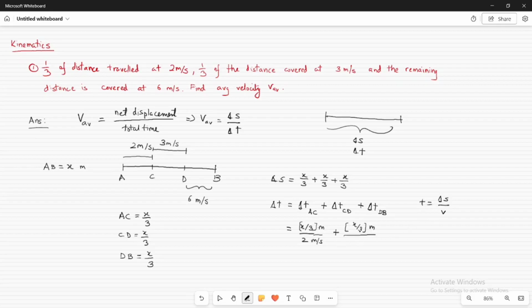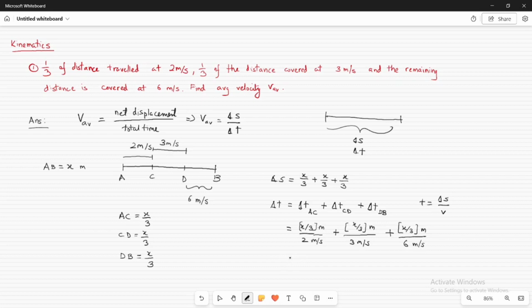The displacement is x by 3 meters, and the velocity of CD is 3 meters per second. Plus dB, the time required for covering dB is x by 3 meters divided by velocity. That velocity is 6 meters per second.